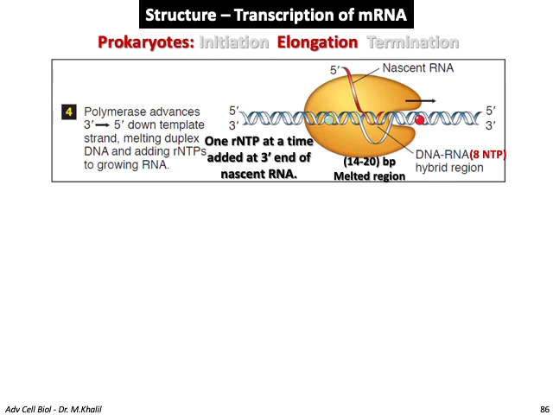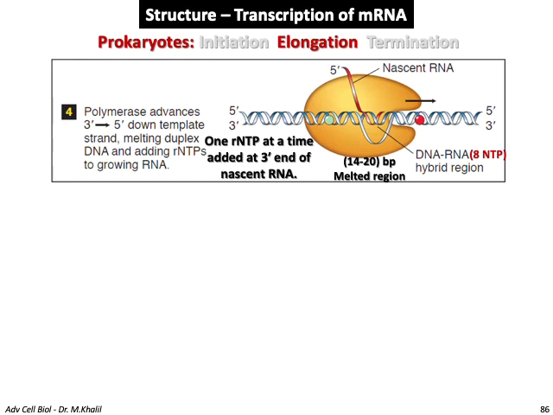And you can see that the nascent RNA starts to emerge with the 5' end free. That means that the transcription is occurring in the direction of 5' to 3'. The RNA polymerase adds one ribonucleotide at a time at the 3' end of the nascent RNA.